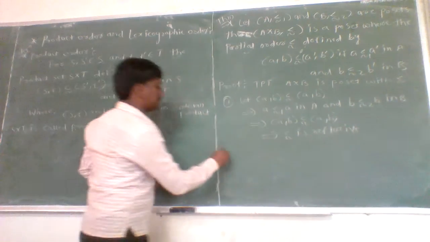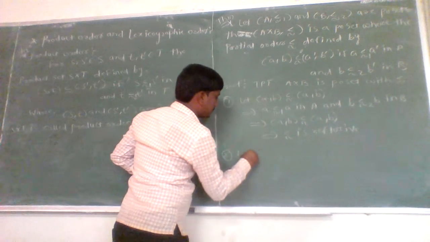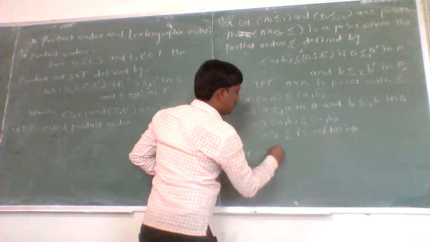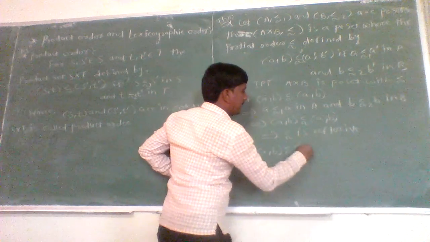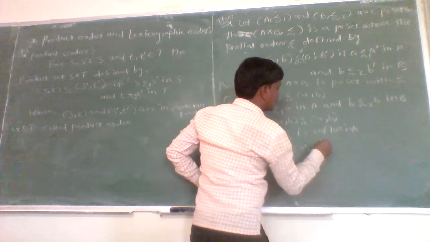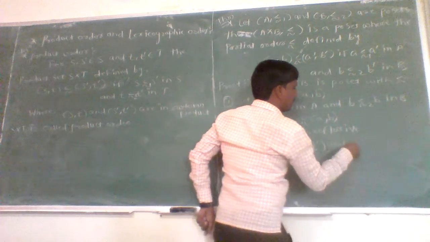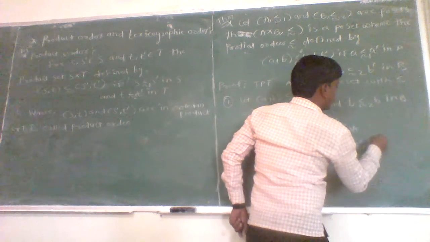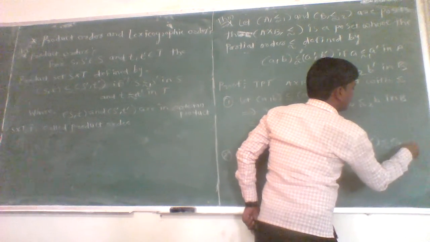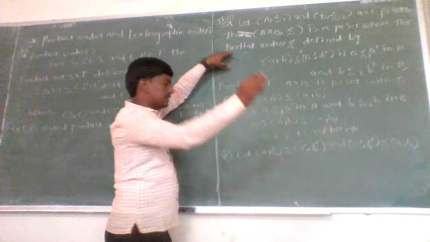Okay, now the second one, antisymmetry. Let (a, b) precedes (a', b') and (a', b') precedes (a, b). Now, from the given definition of product set, let us write this.